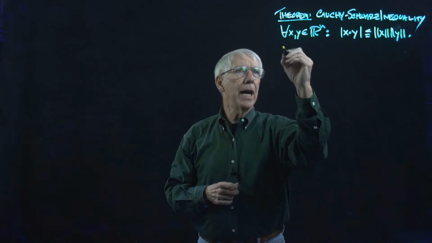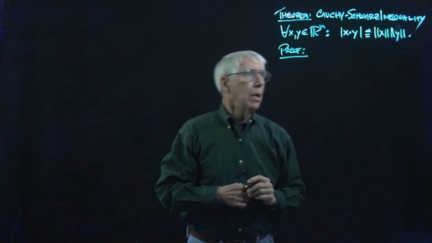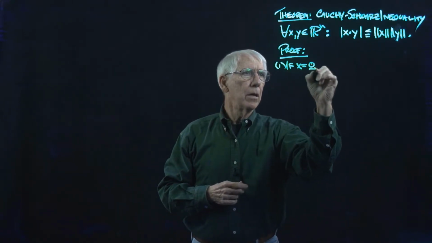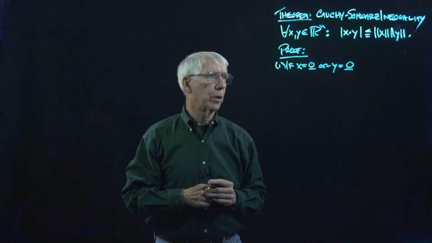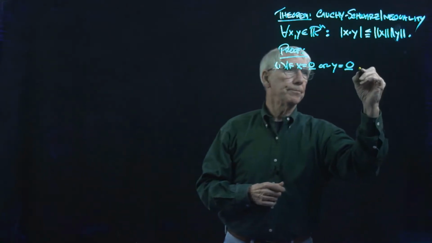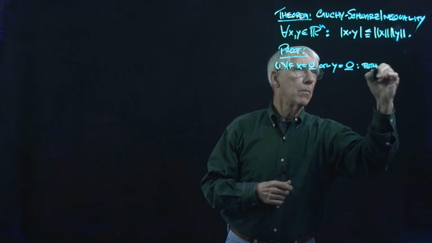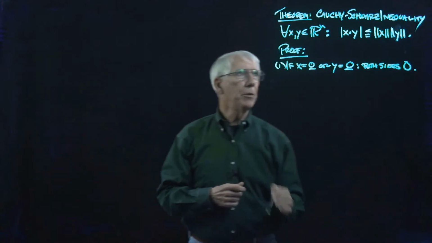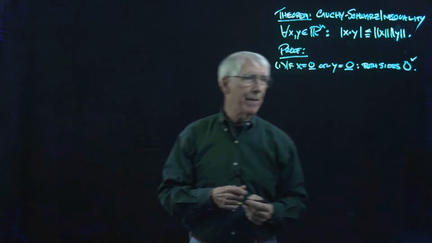Okay, so let's see how we can go about proving this. So first, if x or y is the 0 vector, the origin, then obviously both sides are 0, so of course this is less than or equal to this, so we have that.